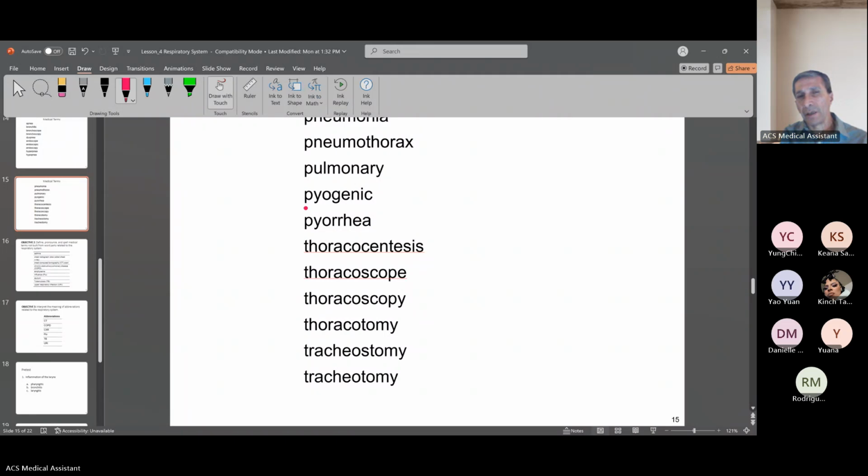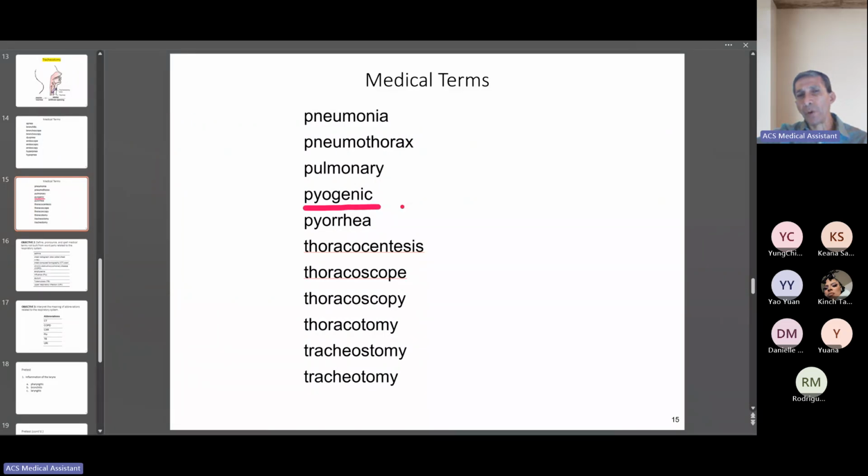Pyogenic. Remember yesterday we talked about py, which is the word root, means pus. O is the combining vowel. Gen or genic, we can use the whole word. You can say gen or gen and ic. This is a combination of a word root and a suffix. So we have lots of adjectives that we can actually use as one.